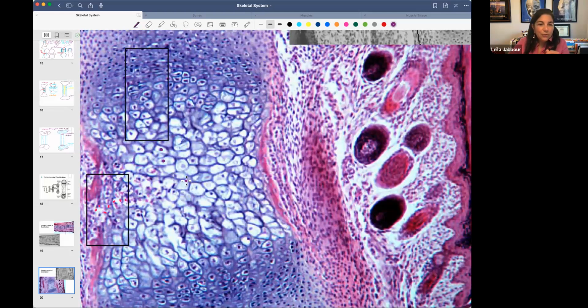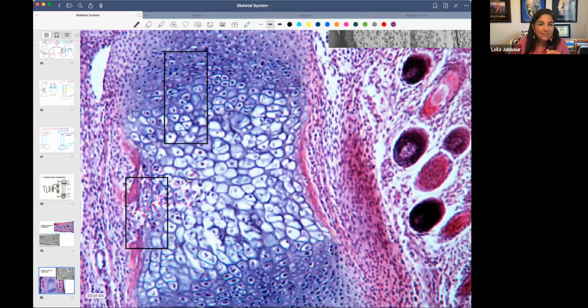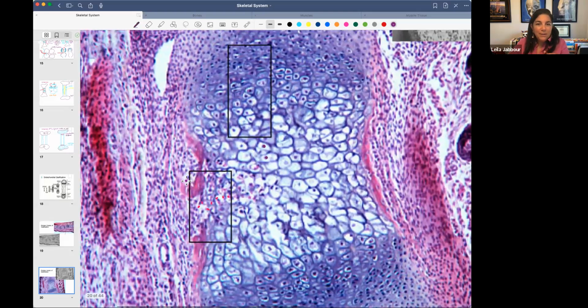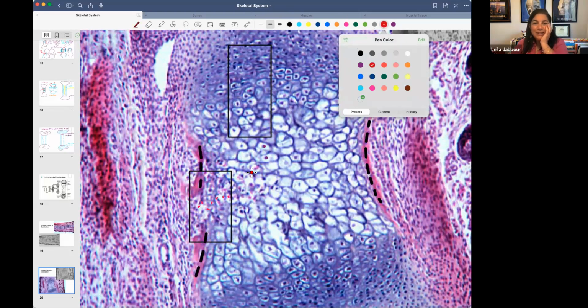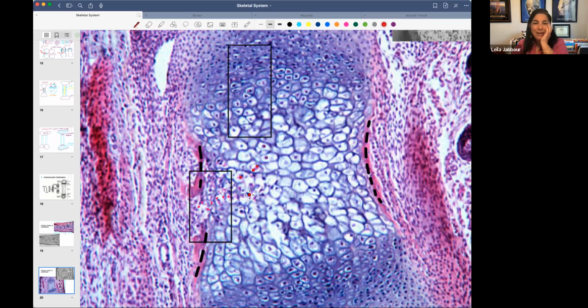And look what's so cool about this. You can see here the periosteal bud. This is where there's a breach in the periosteum. The staining for the periosteum is over here. This is the periosteum, that bony collar. And here's a breach. You can see these blood cells in pink here.